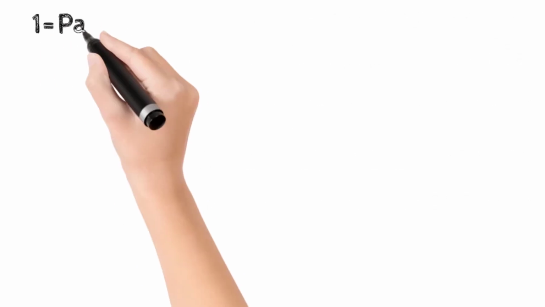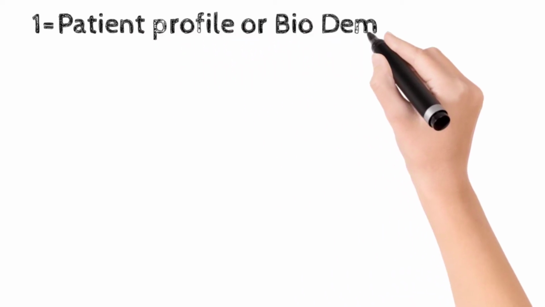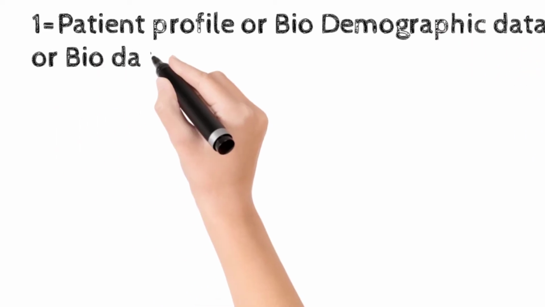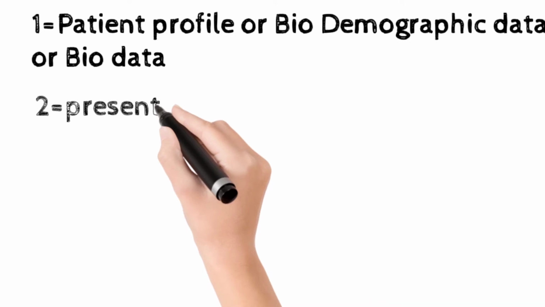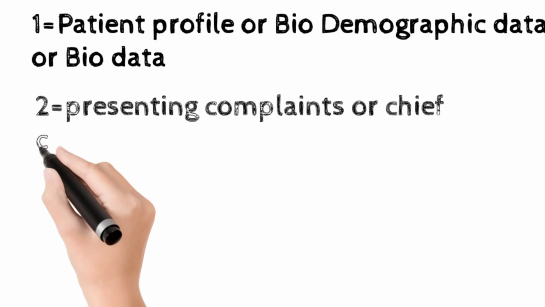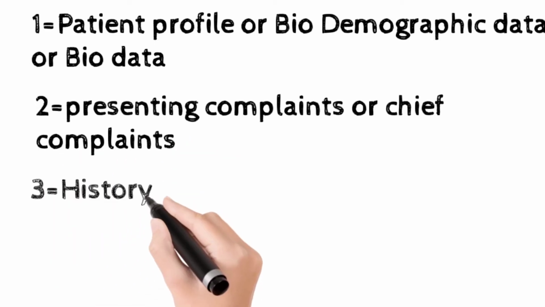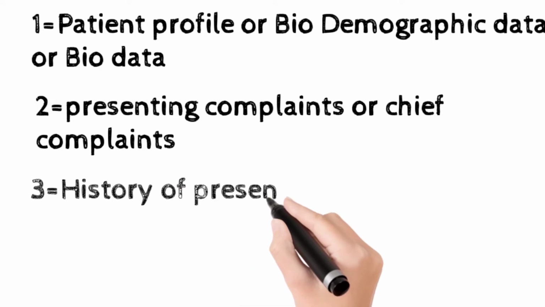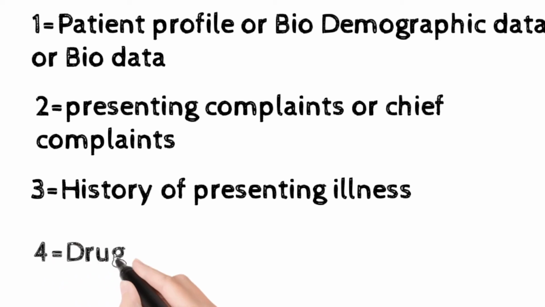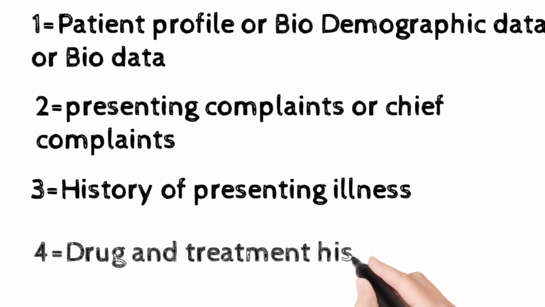Now in the sequence of history taking, first is the patient profile, also known as biodemographic data, also known as biodata. Second is the presenting complaint or chief complaint due to which the patient comes to the hospital. The third is the history of presenting illness, and the fourth is the drug and treatment history.